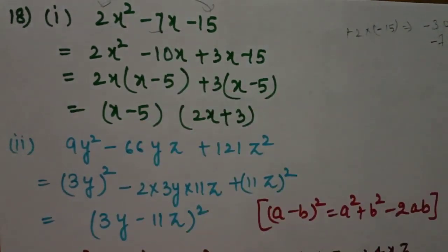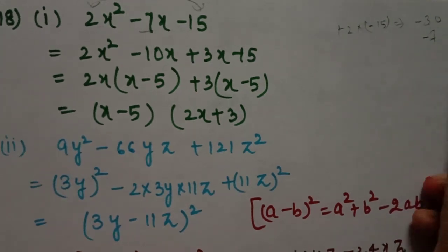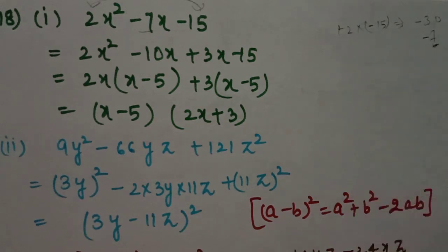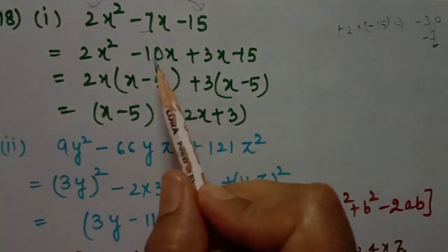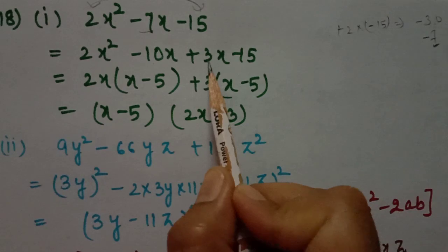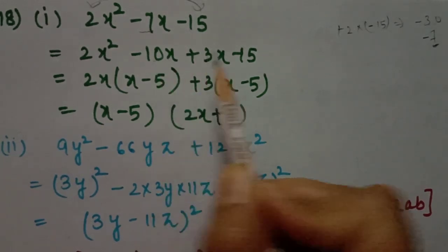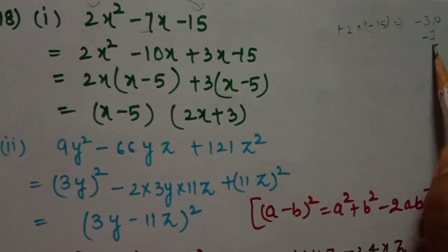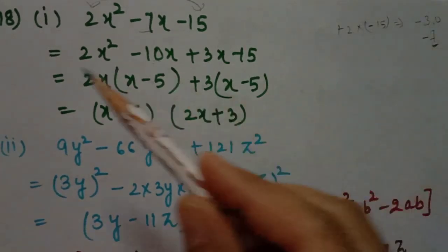We have to take two numbers such that the product of those numbers is minus 30, and the sum or the difference of those two numbers will be minus 7. So I took minus 10 and plus 3. If we multiply these two numbers, we get minus 30. When we add these two numbers, we get minus 7.